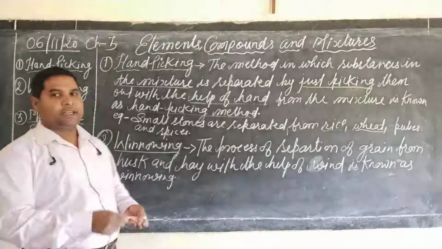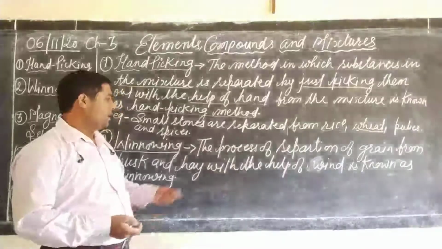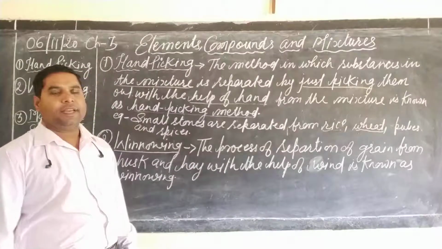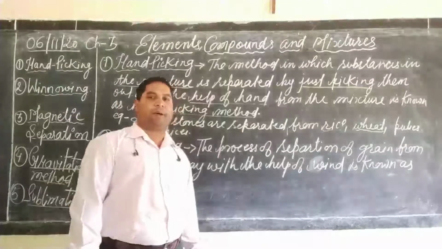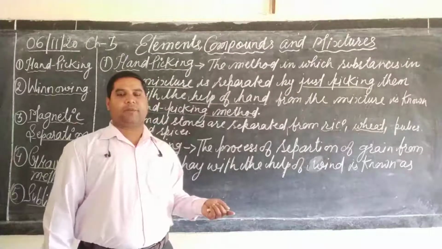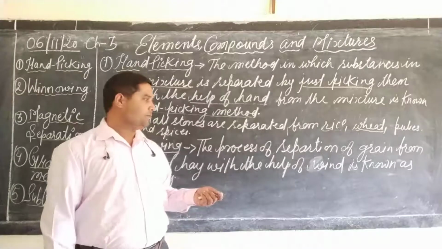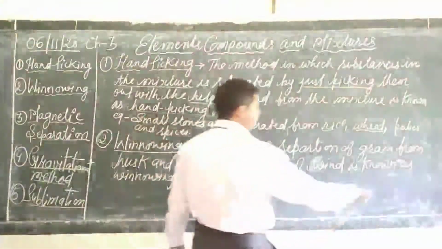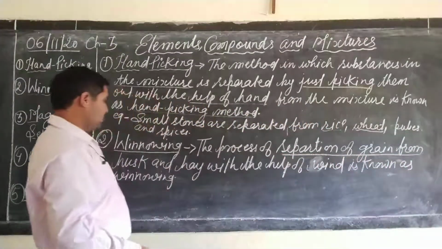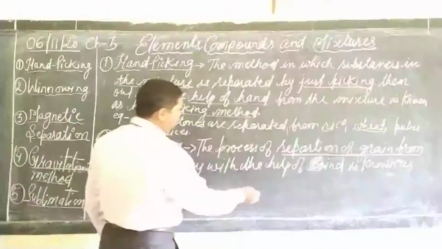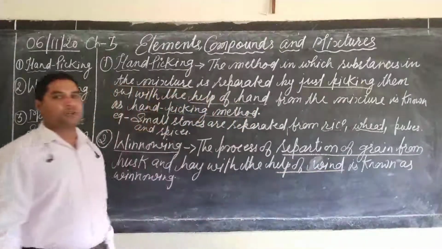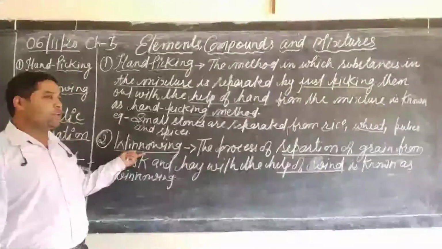So let us see this particular process. The process of separation of grain. This grain can be of the paddy, this grain can be of the wheat, this grain can be, or the seed can be of the gram. Separated by the help of the wind. And this process is known as winnowing.